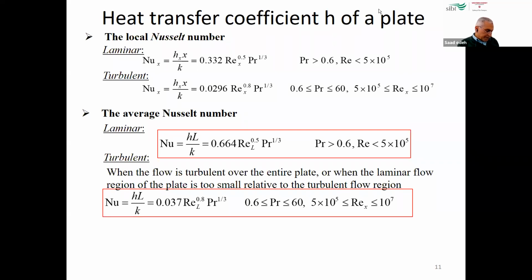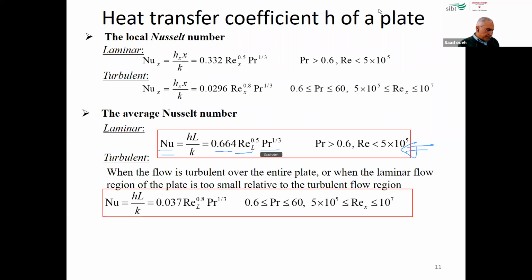So this is for laminar flow, the first one. And you can see that the Nusselt number here follows this equation, 0.664 multiplied by the Reynolds number multiplied by the Prandtl number.